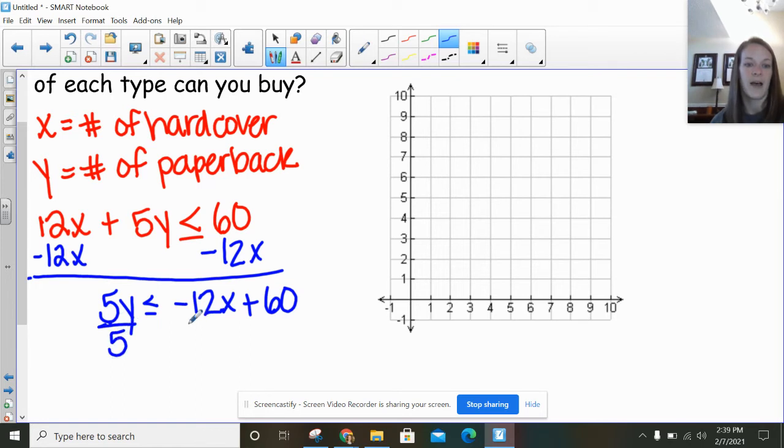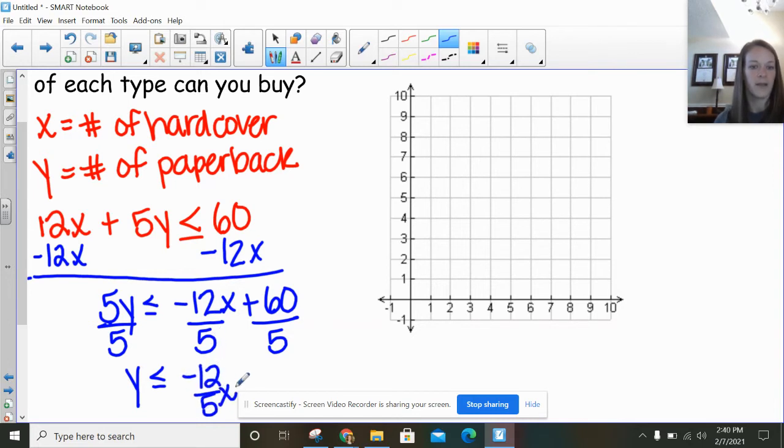Divide everything by 5. Now, this 5 is not negative, so I do not have to flip my sign here. This does not simplify, so negative 12 over 5X just stays that. And then 60 divided by 5 is 12.